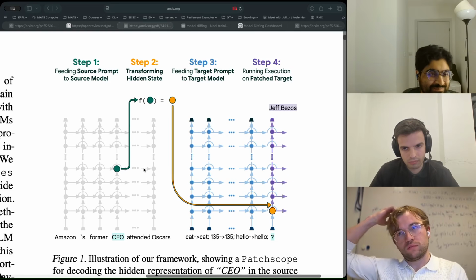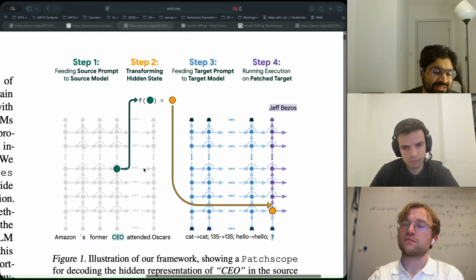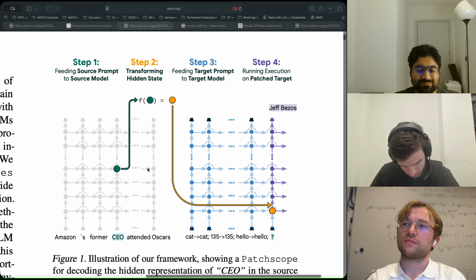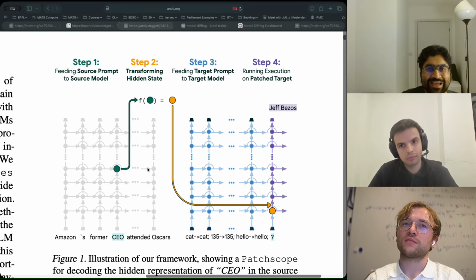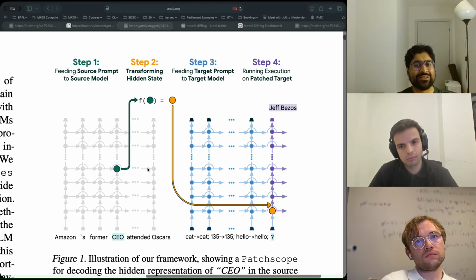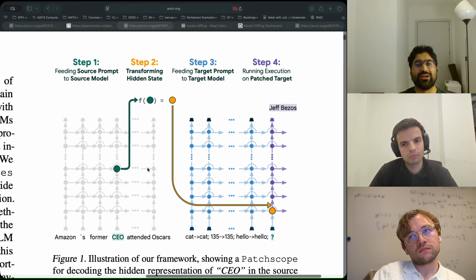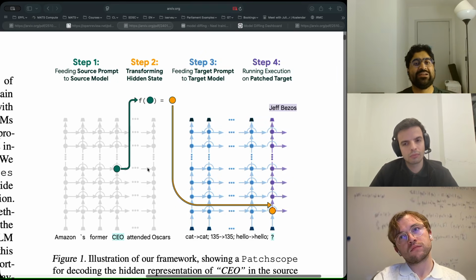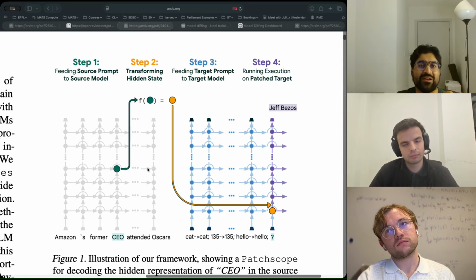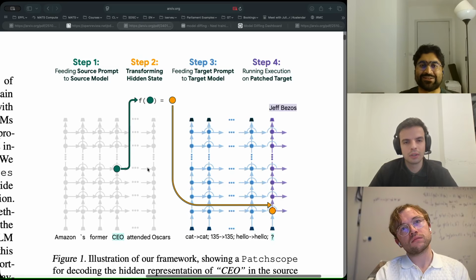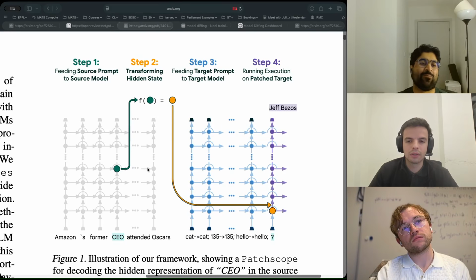And yeah, this means that you can kind of ask questions about a vector and get answers. And here the question is not really a verbal question, it's more just, what is this thing? Where we're using in-context learning, where we just have the model repeating stuff and hope that it tries to repeat the thing that is Jeff Bezos to see what the model thinks of it.